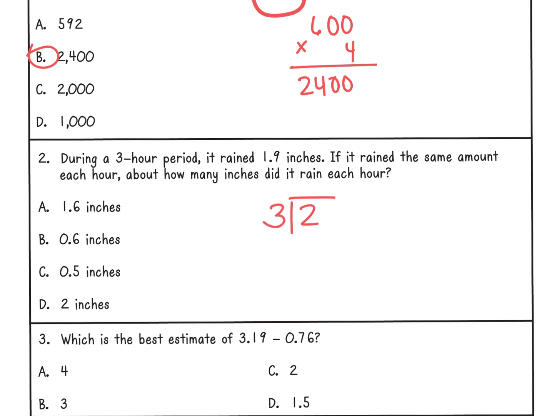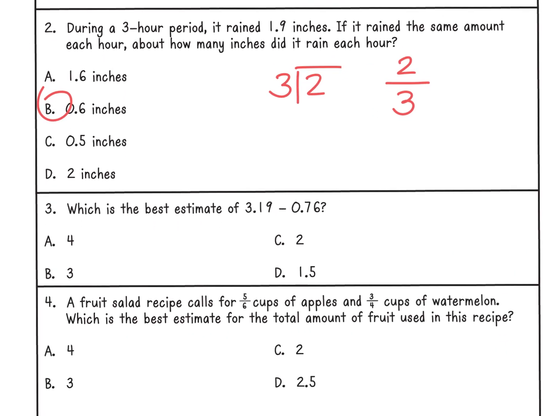Okay, well, what do we know about division problems and fractions and decimals? Is this the same thing as doing 2/3? It is, yes. That fraction bar means division. It means divide. So 2/3. So which one of these is about 2/3? B. Very good.